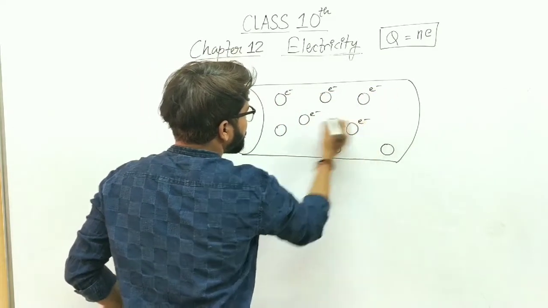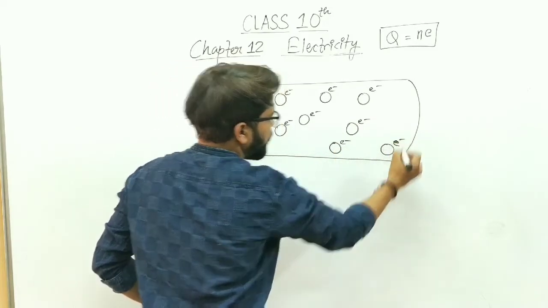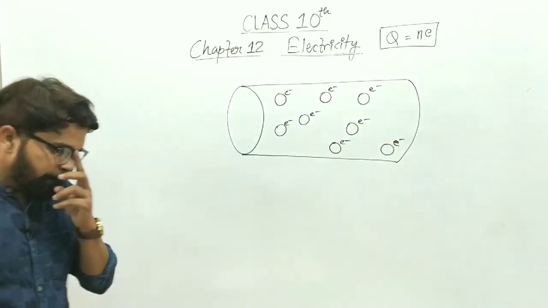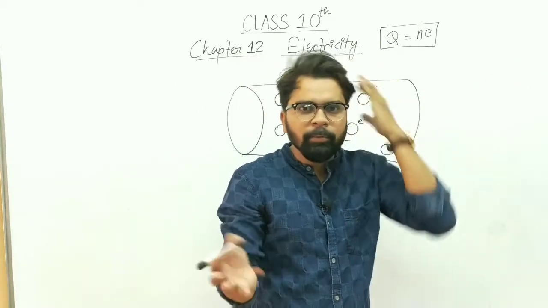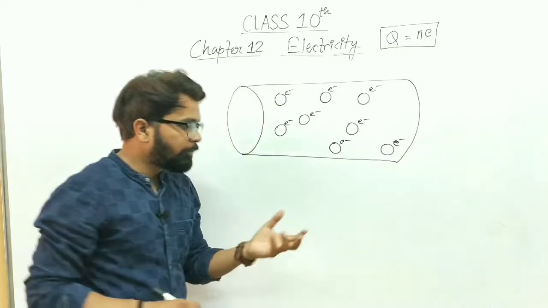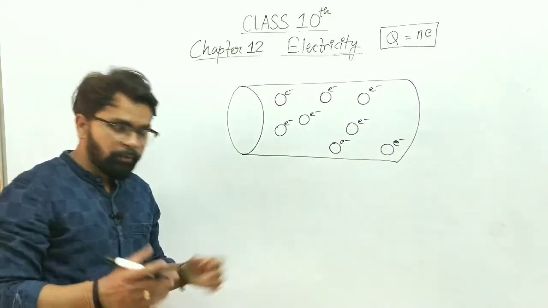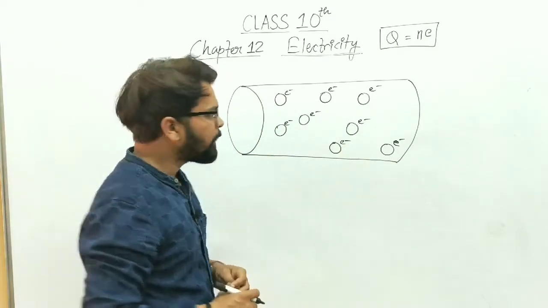Now, if these charges are free, they can move. It is a property of matter. The free charges are moving. So in what direction are they moving? The direction is random.